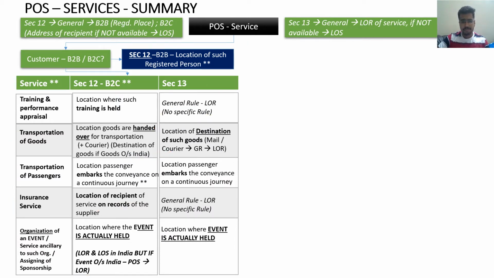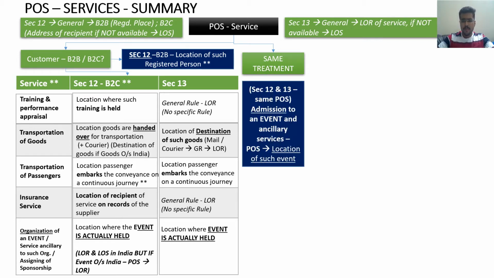So now we'll look at services which have the same treatment in both section 12 and section 13, friends, right? So here, admission to an event. This service has the same place of supply in both section 12 and section 13.